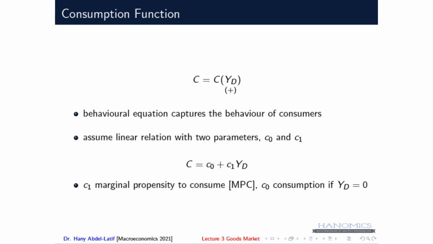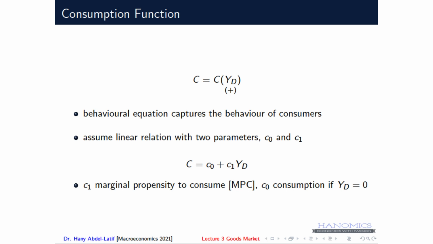The other parameter here is C1. C1 here represents the marginal propensity to consume. It's a very important concept which refers to how much you will increase your consumption if your income increased by £1.